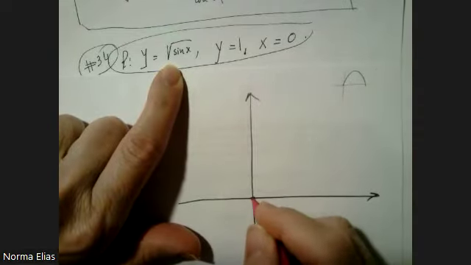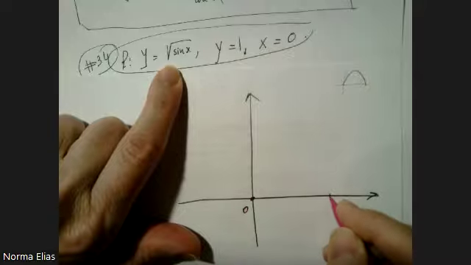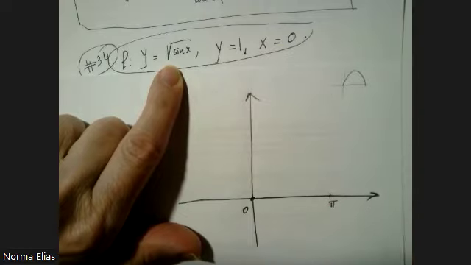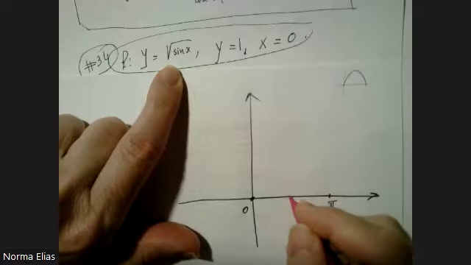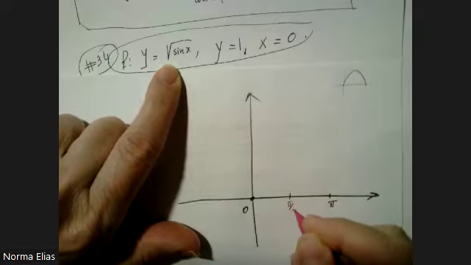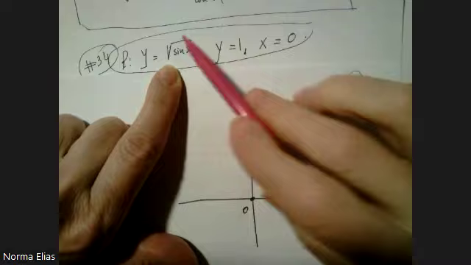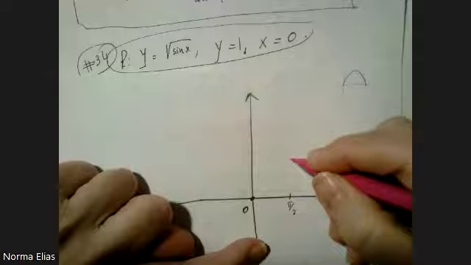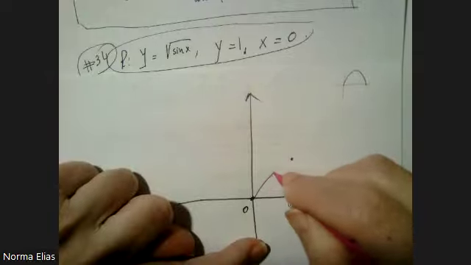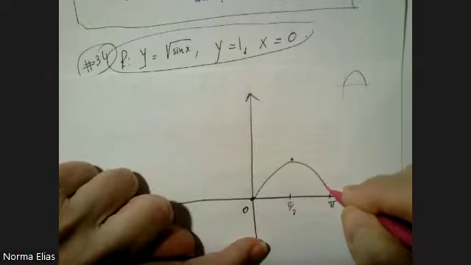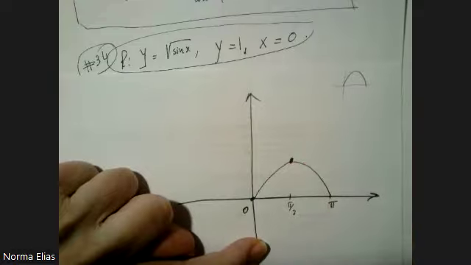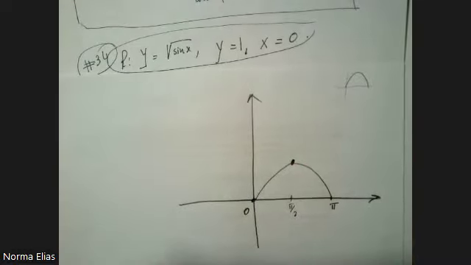At 0, I am at 0. At pi, it's also 0, square root of sine pi is 0. And at pi over 2, sine pi over 2 is 1. The square root is 1. So this is going to be 1. So it's going to be very similar to this graph, kind of. Not the same value, but it's very similar in shape.